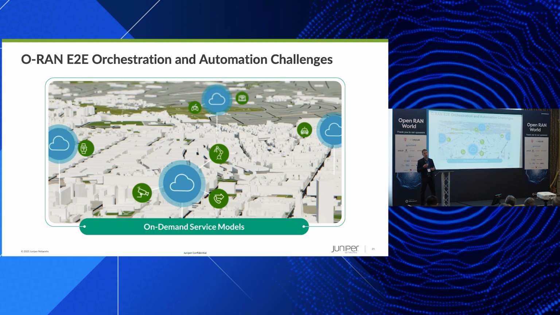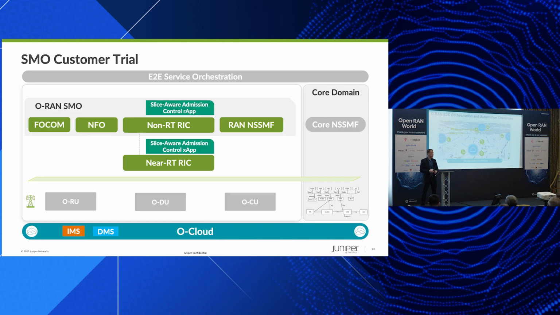Each of them has different requirements and different SLAs. So being able to orchestrate and manage these services on top of an extremely massive and complex environment, with the new technologies that we see, are all the challenges that the SMO has to address.